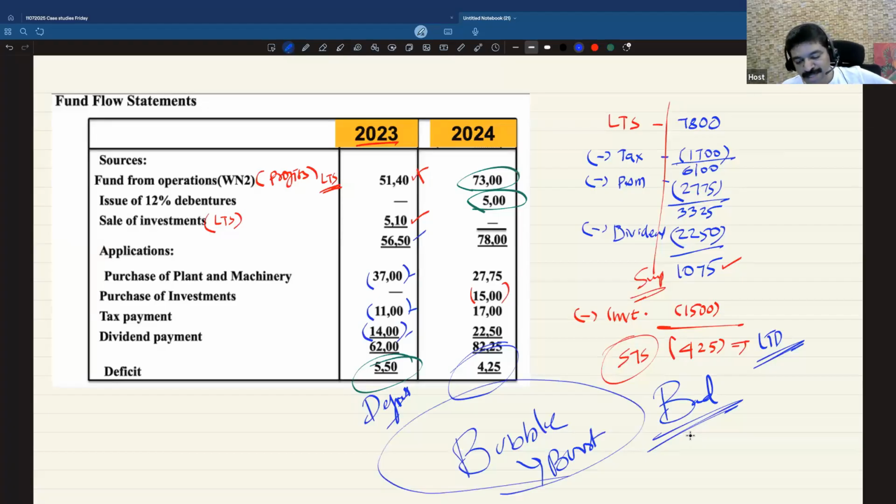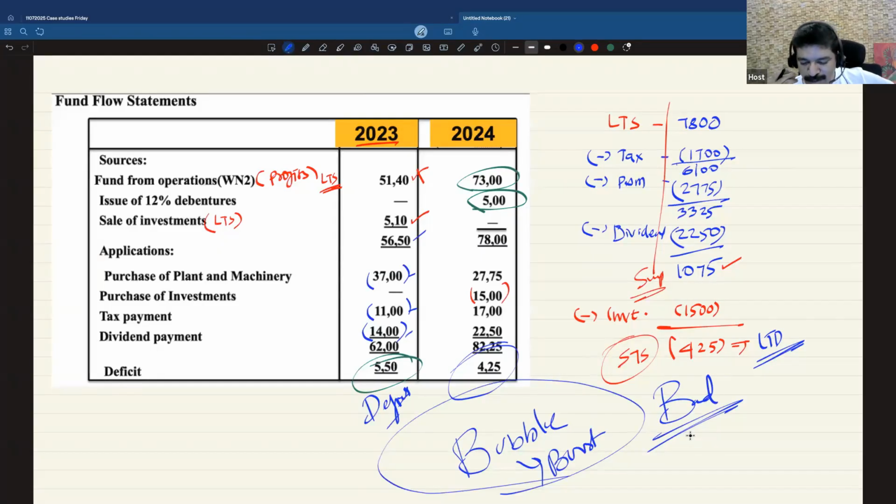And these things will get revealed in the fund flow statement. So I think it's like some kind of arrangement. I don't know why they have withdrawn the fund flow statement from the financial statements. Such a powerful statement.